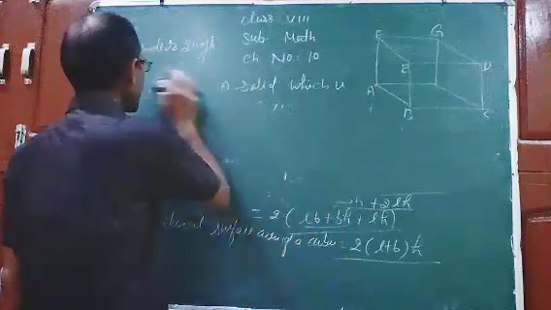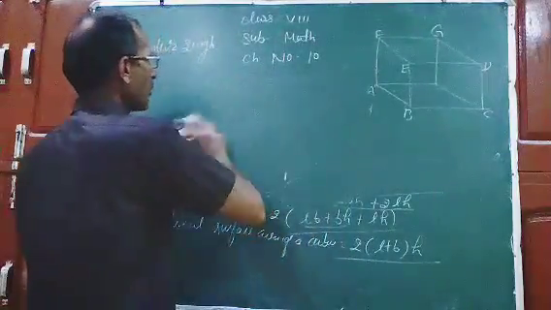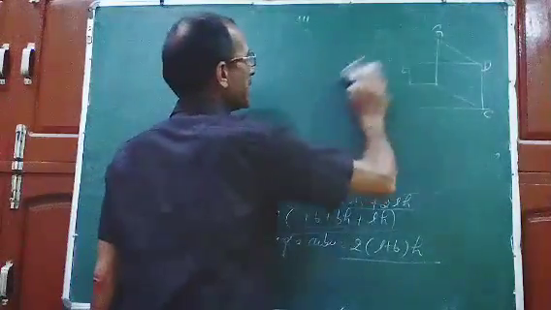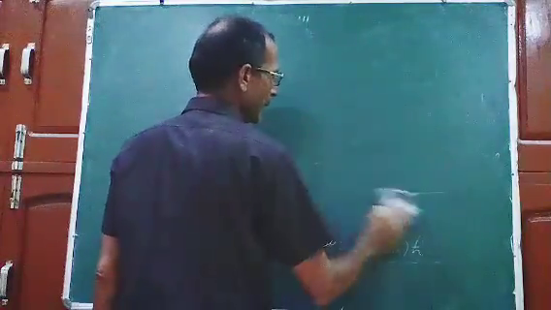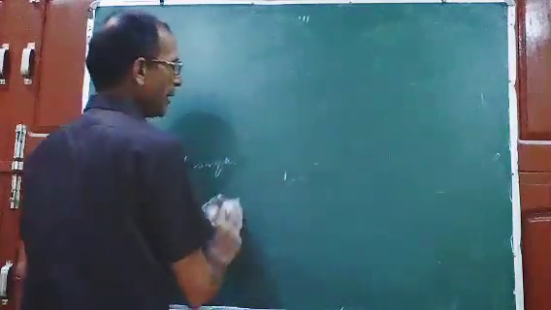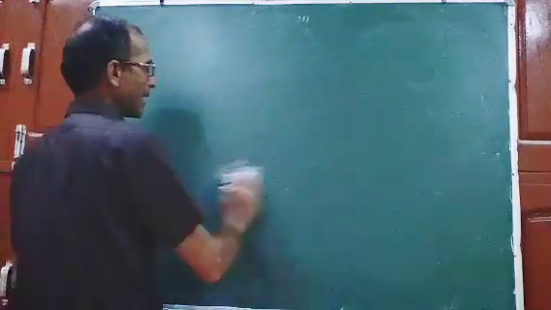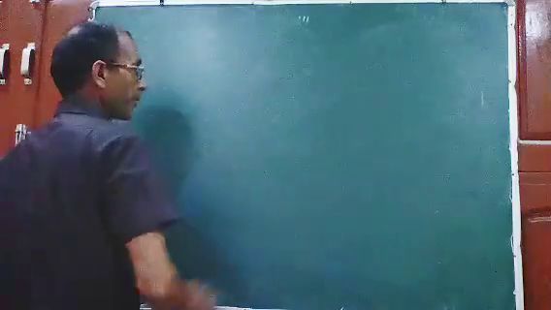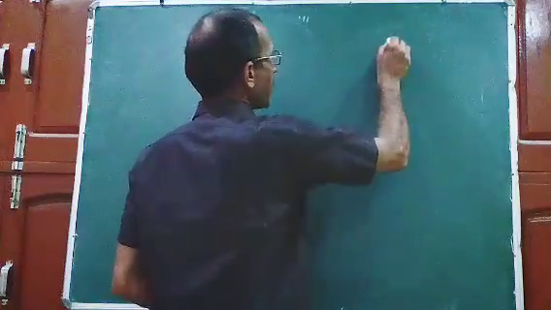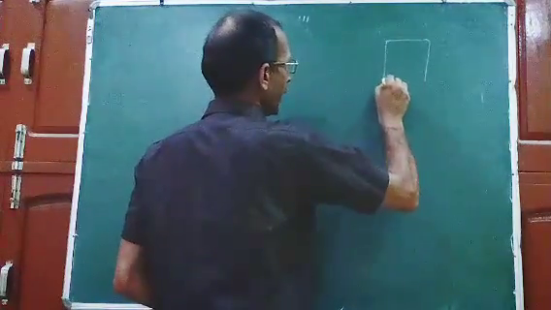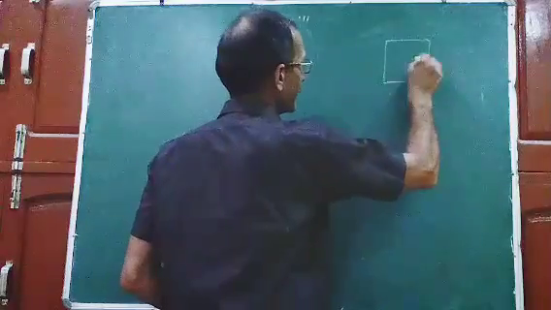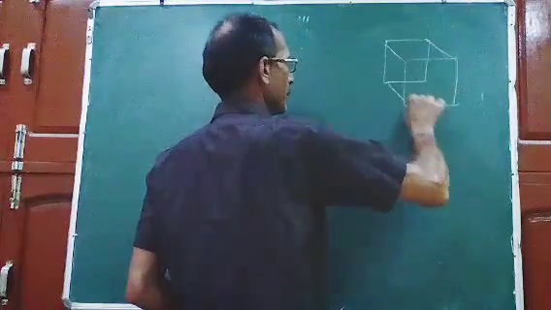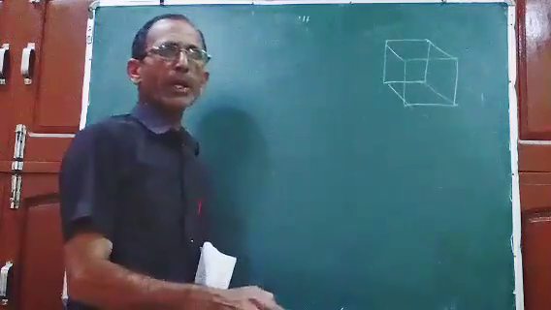Only one difference is there, because the faces of a cube are square and the faces of a cuboid are rectangular. Now this is a cube because all the faces of a cube are square. So this is an example of a cube.